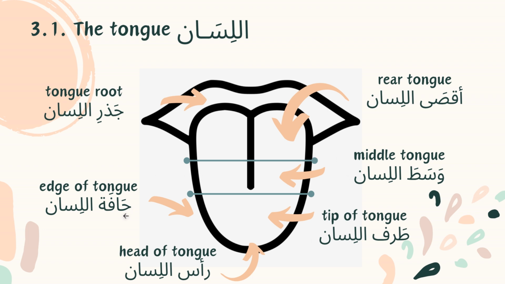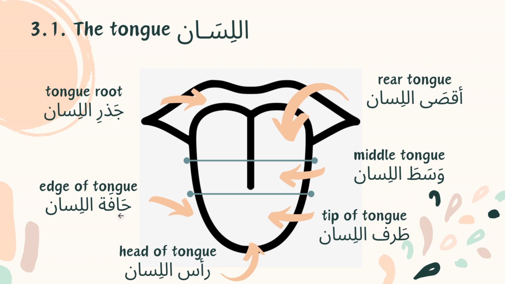And then we have also something that is really important in pronouncing some letters, one or two or whatever, we're going to take it into more detail. This is the edge of the tongue. The width of the tongue, the thickness of the tongue.